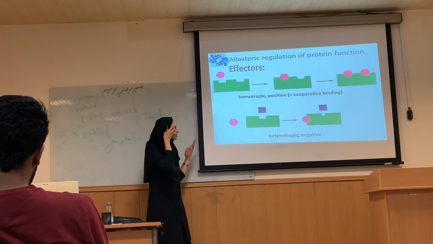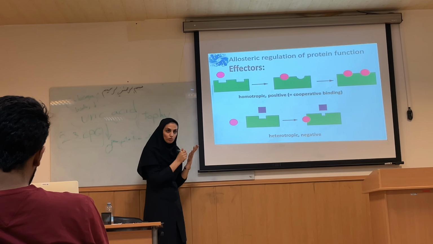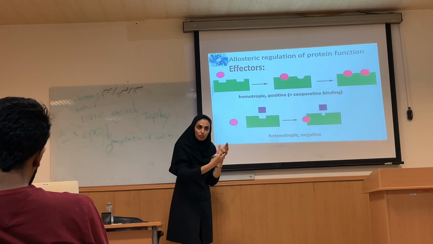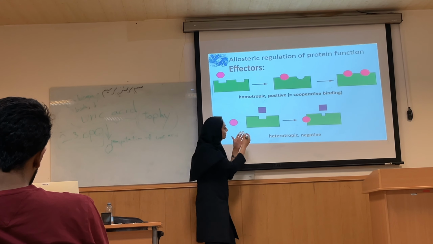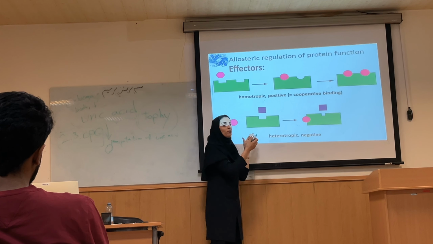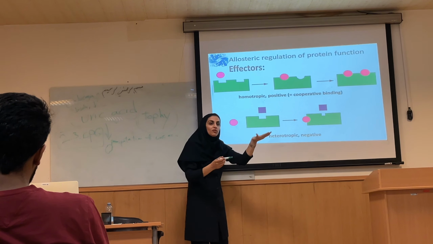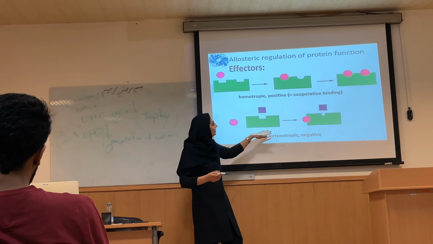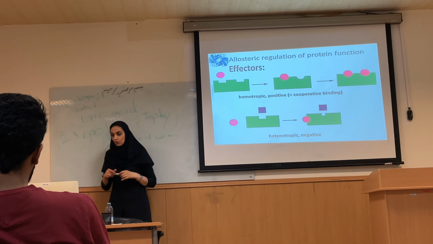I told you yesterday about hemoglobin: oxygen increases the affinity of hemoglobin for other oxygen molecules, but 2,3-BPG, or bisphosphoglycerate, decreases the affinity of hemoglobin for oxygen. This is true for allosteric enzymes too.